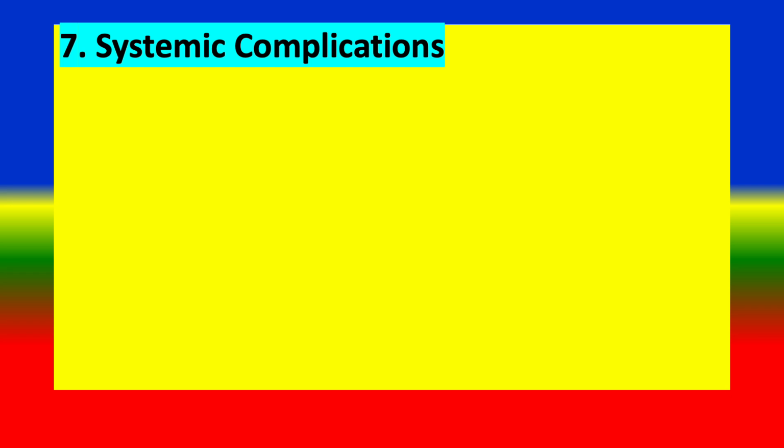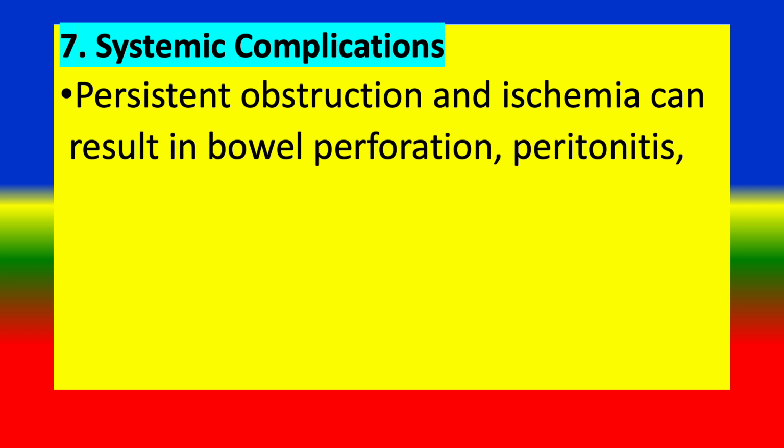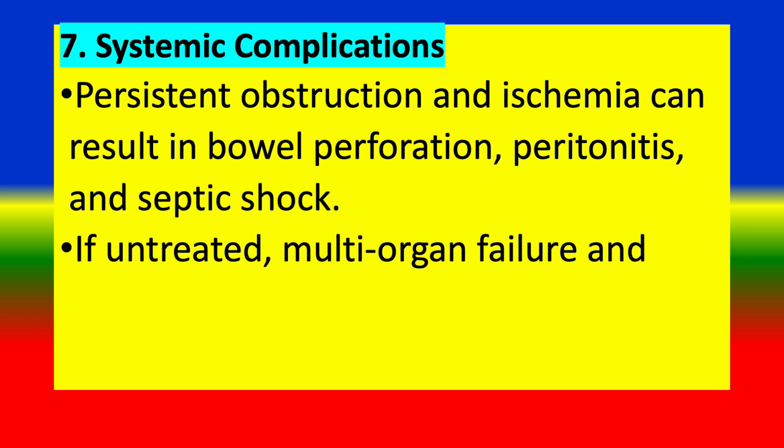7. Systemic complications. Persistent obstruction and ischemia can result in bowel perforation, peritonitis, and septic shock. If untreated, multi-organ failure and death may occur.